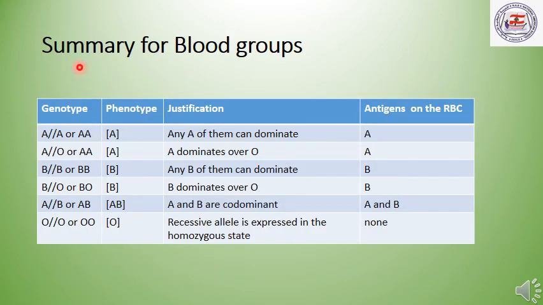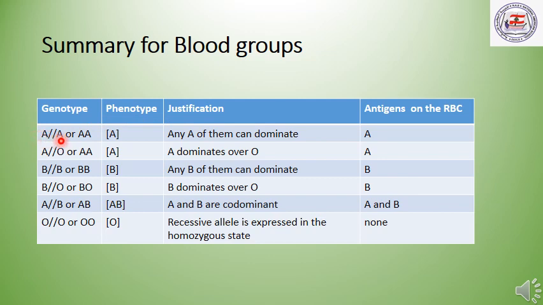Here is a summary of all the blood groups that human beings can have. In this table, you can see the genotype written in both possibilities, the corresponding phenotype, the justification for this phenotype, and the antigen or the molecule that is expressed on the membrane of the red blood cell. I'm going to give one example.